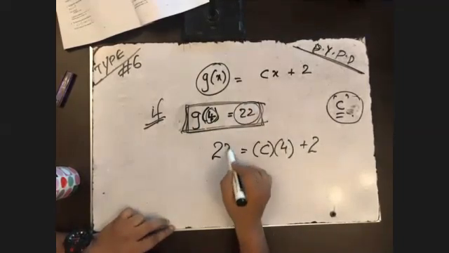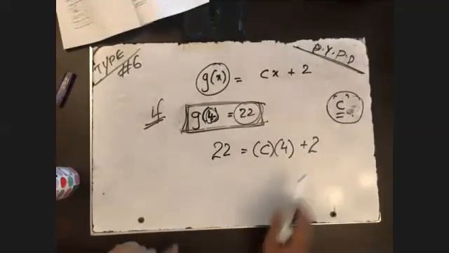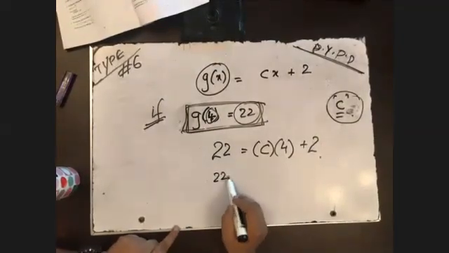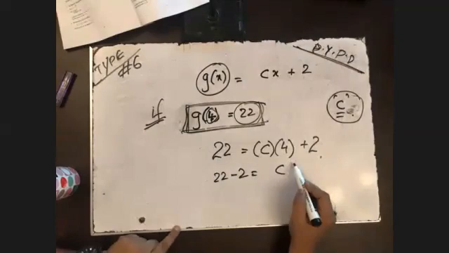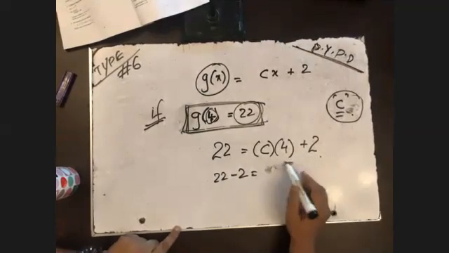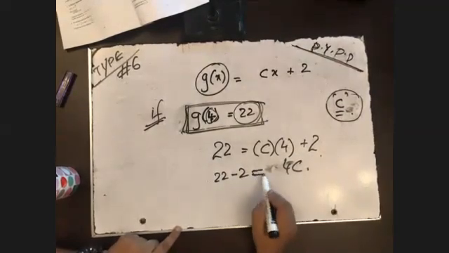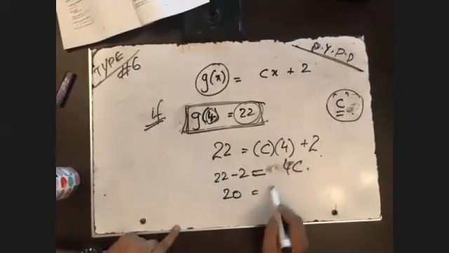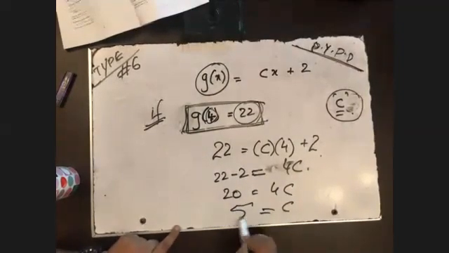I plug in 22 here. 2 goes this side, 22 minus 2 is c times 4, 4c. 20 is equal to 4c, c is equal to 5.